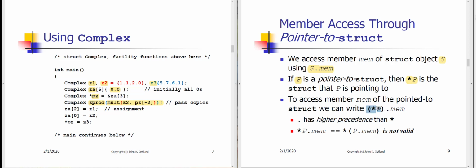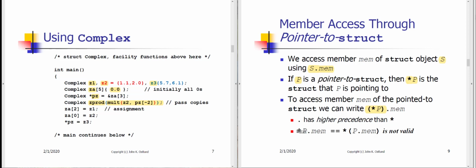So what we need to do is to put the star p part in parentheses and then put the dot mem afterward. All right? So p is pointing to a struct, star p is the struct, and star p in parentheses dot mem is therefore the member of that particular struct.